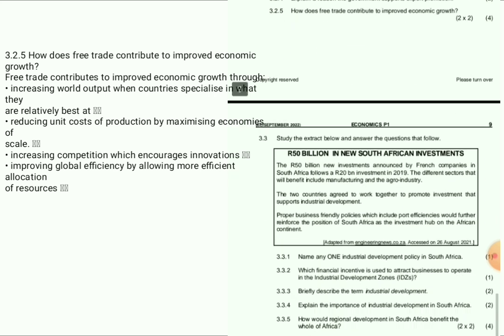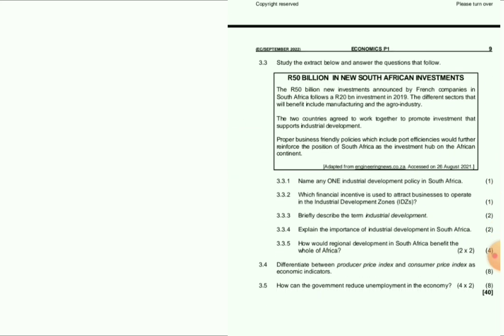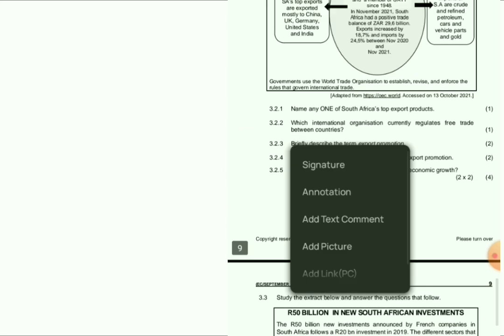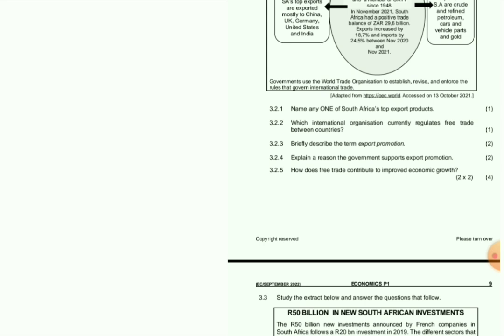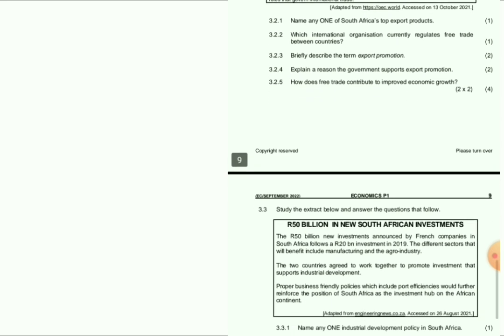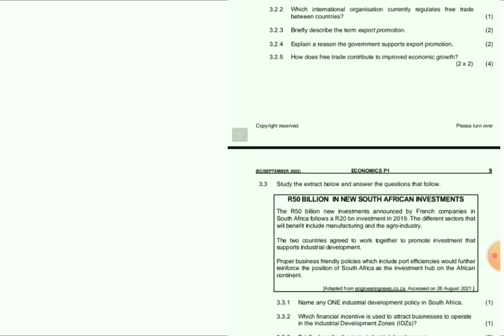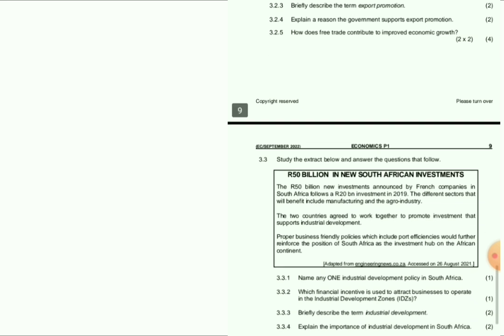That's what it does. I'm going to give you another reason for 3.2.5. It's also increasing competition, which encourages innovation. That one you are surely going to get right.